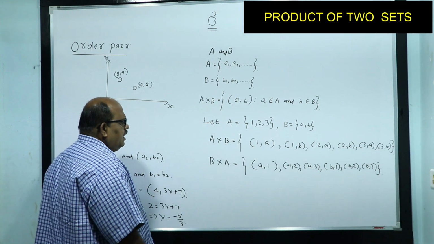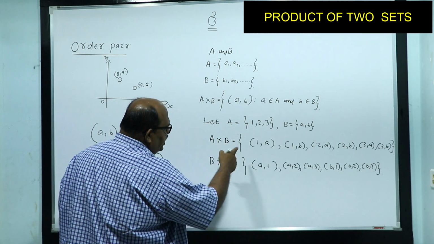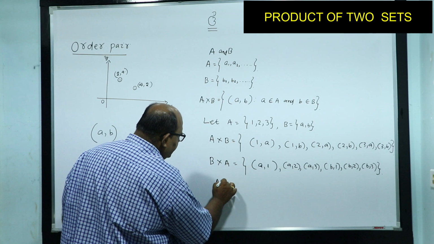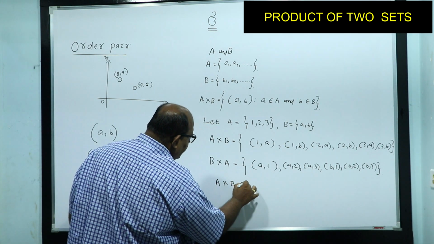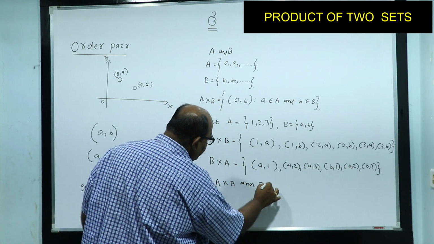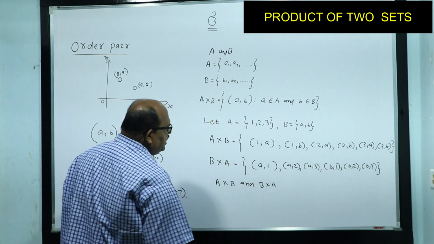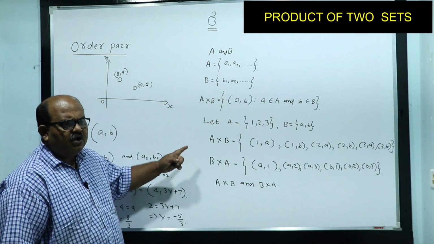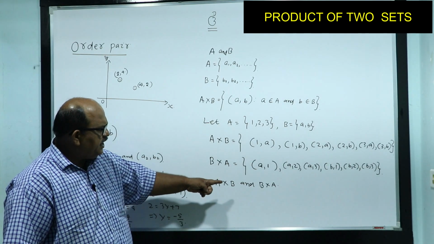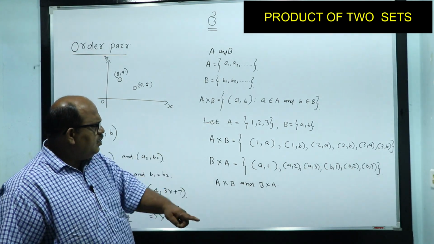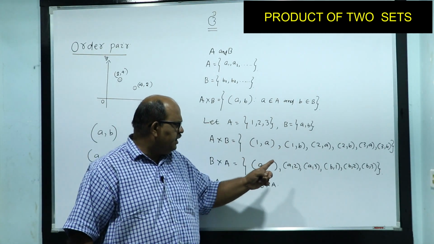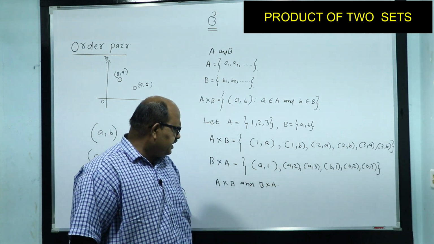Now look, is there any element common between A into B and B into A? Search, find, is there any element common in A into B and B into A? No. Because (1, a), (1, b), (a, 1), (a, 2), etc. are present.